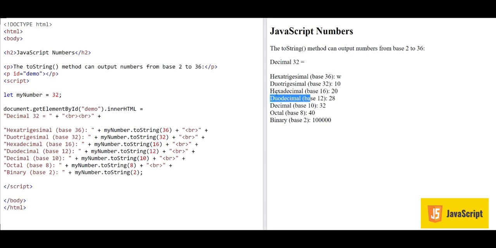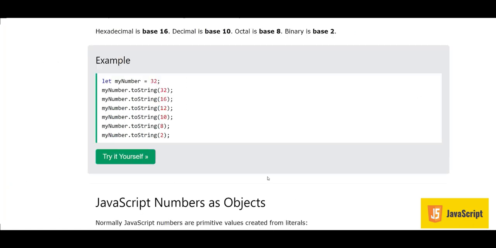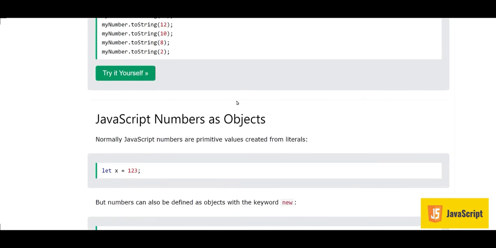Duodecimal is 28, hexadecimal is 20, and trigesimal, I believe, maybe my pronunciation is wrong, is called W. So this is the way to represent the same number, 32, in different base systems. And in JavaScript, by default, the base system is base 10, also known as decimal, right? Okay, let's move forward.